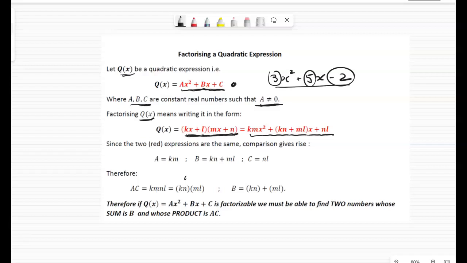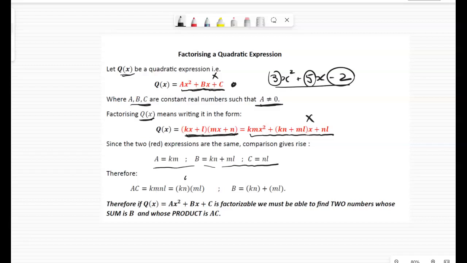Now, this immediately means that the coefficient of x squared in both expressions are equal, the coefficients of x are equal and the constant terms are equal. And this leads to this line here, that a is equal to km, b is equal to kn plus ml, c is equal to n times l.